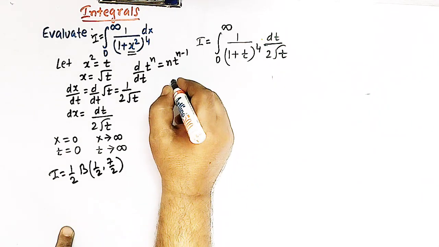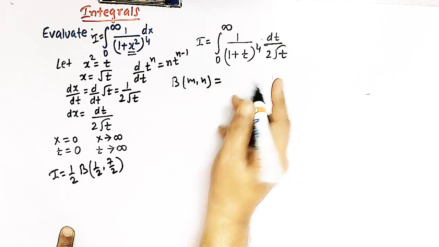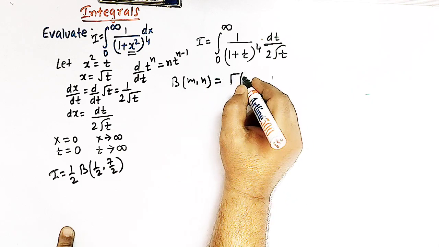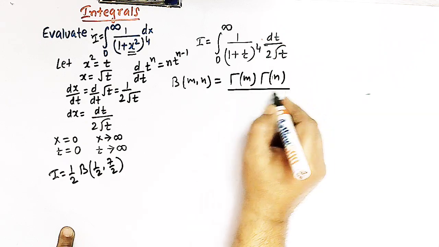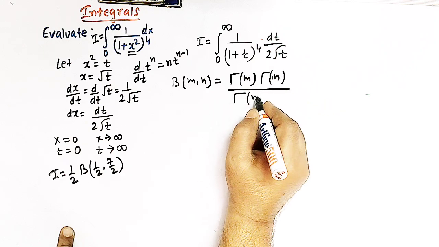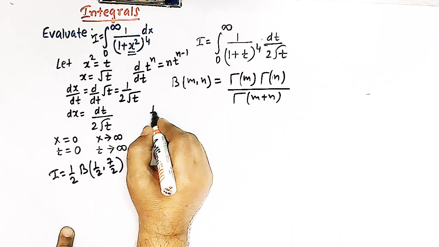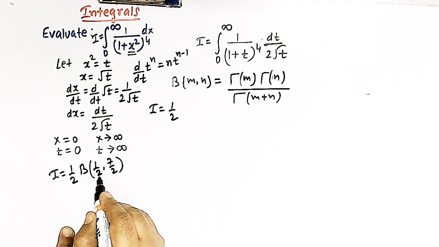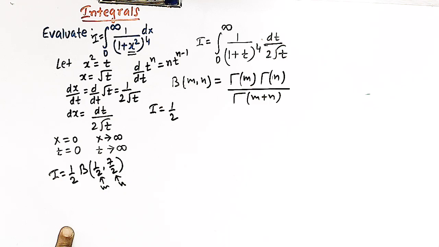Beta function and gamma function are related by this expression, that is here we have gamma m, then we have gamma n divided by gamma of m plus n, right? So here we have the integral I, and we have half, and the value of m is half, and the value of n is 7 over 2.